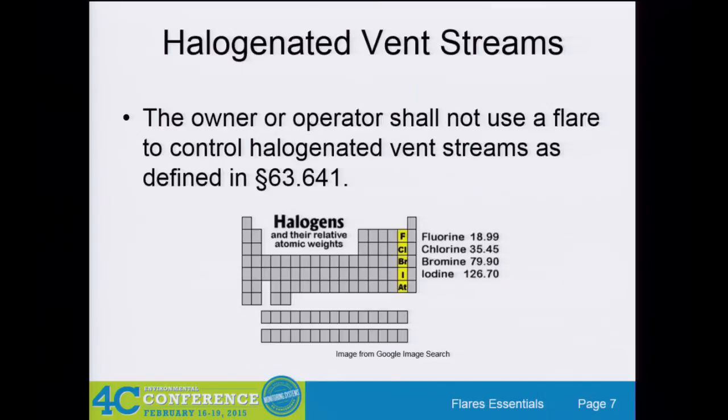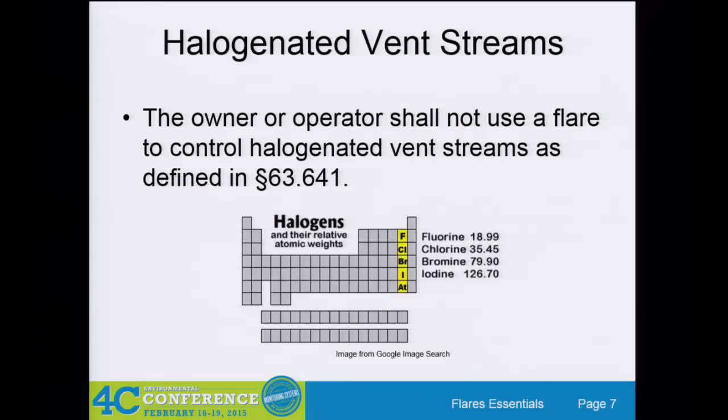Halogenated vent streams. Basically, they're going to make it so you cannot use a flare to control halogenated vent streams. We're probably thinking that they did this for dioxin furan formation. We don't know, because guess what? They said nothing in the preamble about why they're putting this requirement in there.